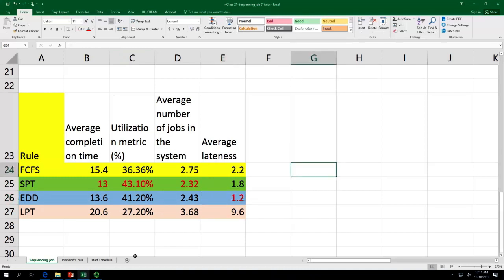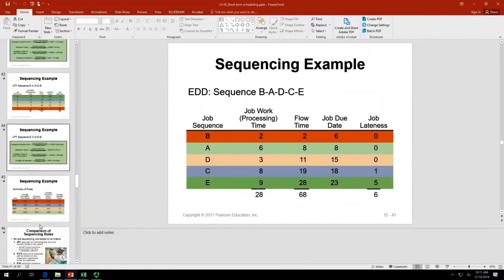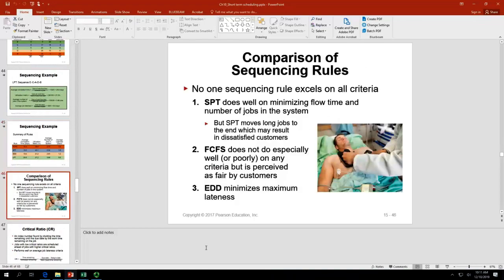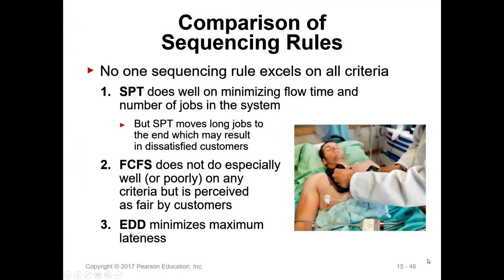And here in our slides, I'm showing this as well. Comparison of the sequencing rules. SPT, shortest processing time, does well at minimizing the flow time and also minimizing the number of jobs in the system.